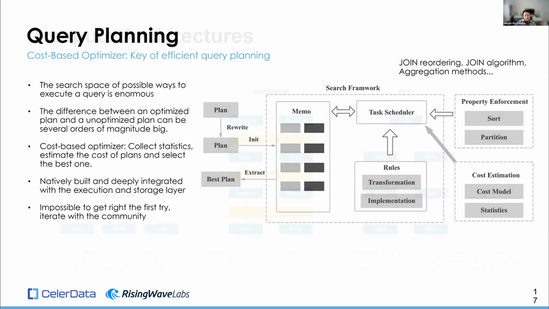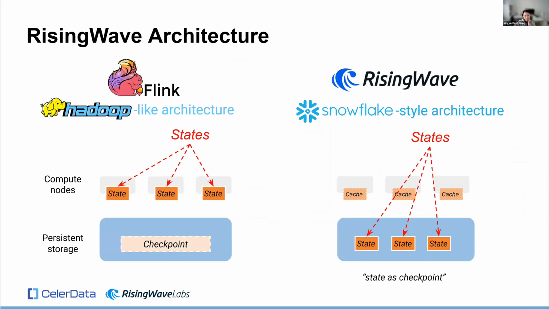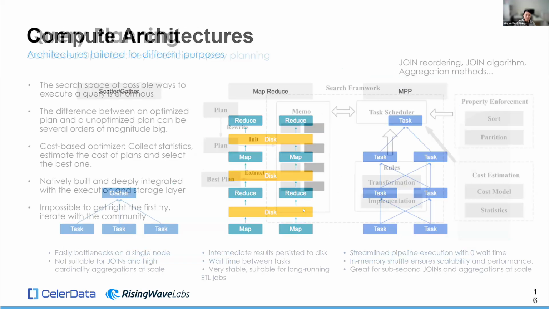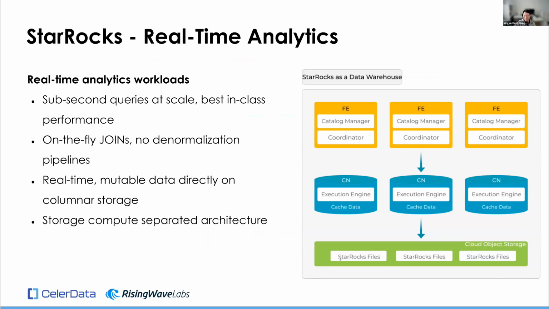Cool. Actually, in RisingWave's case, we are using a very similar architecture. The challenge in stream processing is different from OLAP, because in stream processing the key challenge is how you can manage the internal state. In StarRocks, you have the storage in files in the cloud object store, basically S3.